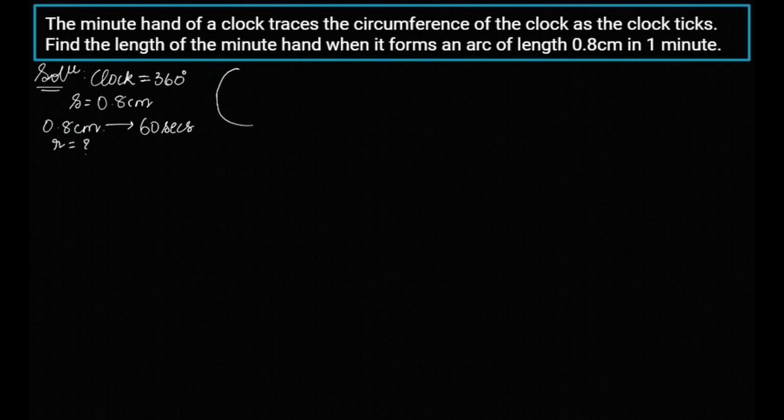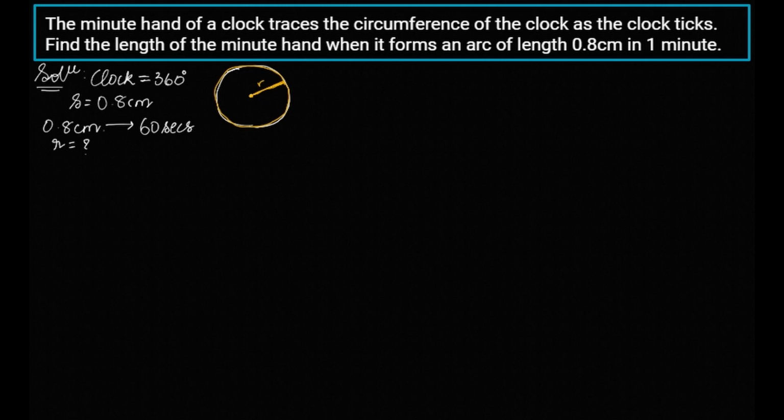So let us consider this to be a circular clock. The minute hand traces the circumference of the circle of the clock as the clock ticks. So therefore, the length of the minute hand is equal to the radius of the circle, and it makes an arc of 0.8 centimeters in 1 minute.